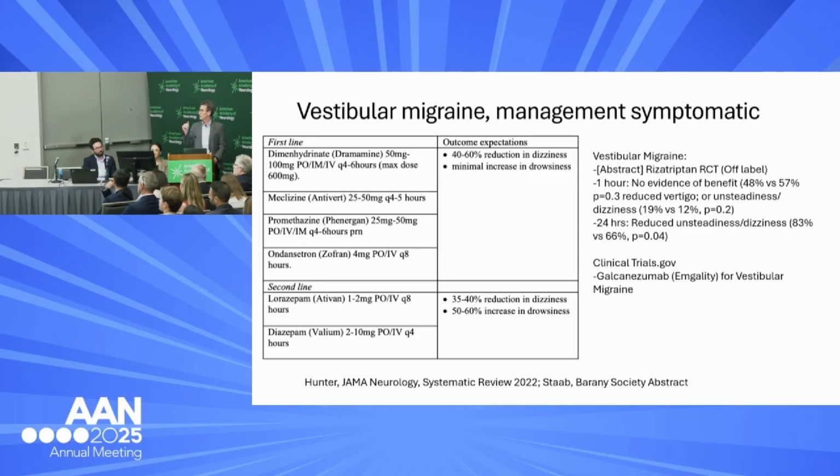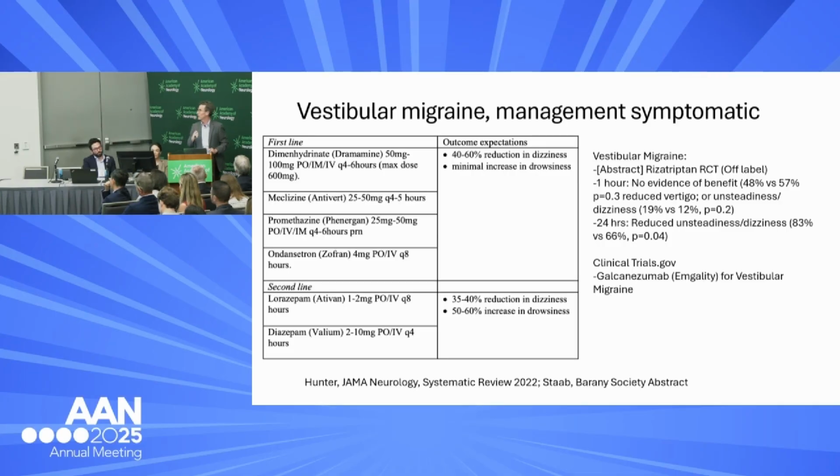When we move on to the second lines, Ativan, Valium, or benzodiazepines, we tend to have a little bit lower reduction in dizziness and a little bit higher increase in drowsiness, but you do see some patients who are really so bothered by it when you have these really severe acute vestibular neuritis cases that they probably would like to sleep for a little while and they don't mind being sedated, which, by the way, when you fall asleep, your vestibular system shuts down, and so that can help these patients in general.